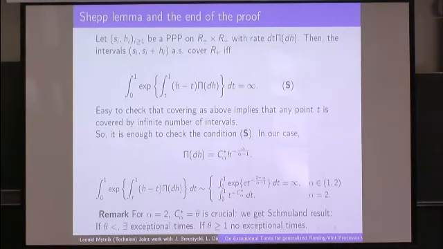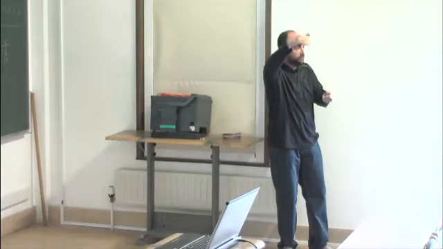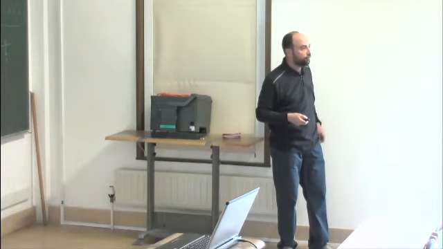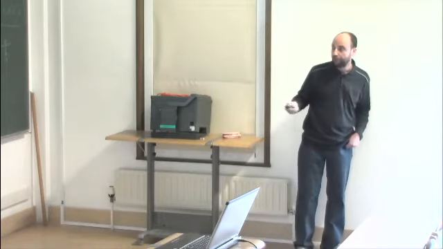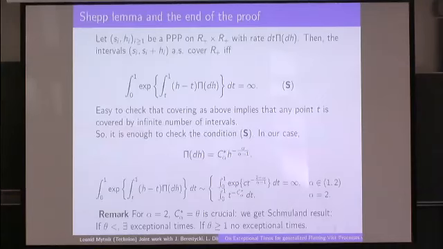Then you cover the whole real line. And you see that when alpha is between 1 and 2, there's no chance it converges. It's always infinity, which means you always cover the whole time interval, which means you have an infinite number of clusters at any point. If alpha equals 2, it's tight. You have here a constant, and this constant is in fact this theta, which Schmuland got.